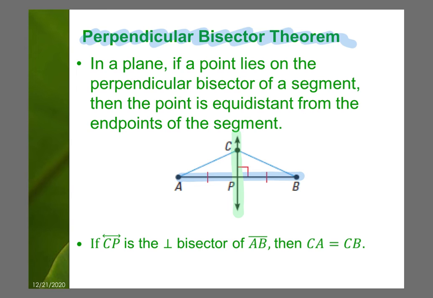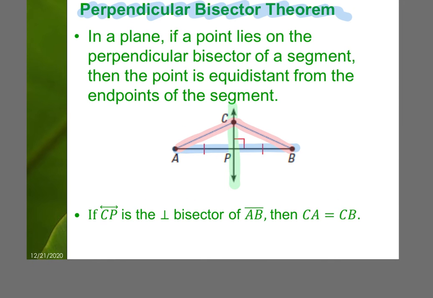And what it says is that any point on that bisector would be equidistant from the endpoints of the one that's being bisected. So if you have a diagram drawn like this, then I would know that CA and CB are congruent because C is equidistant from the endpoints of that bisected segment.